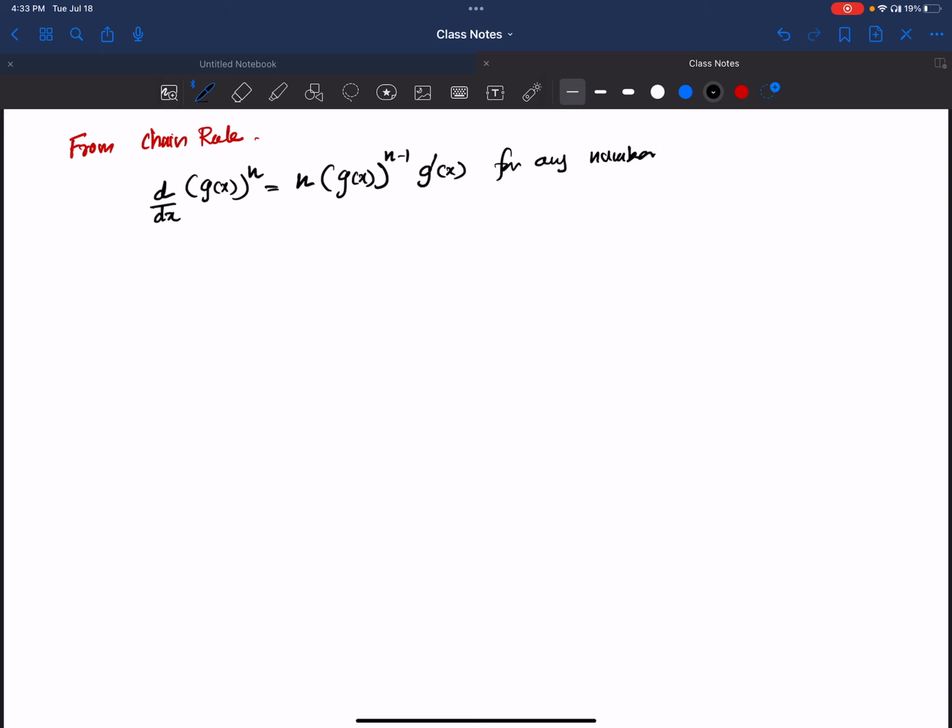And also we can write d over dx of e to the power g of x is equal to e to the power g of x times g prime of x. These are actually direct consequences of the chain rule. Okay.